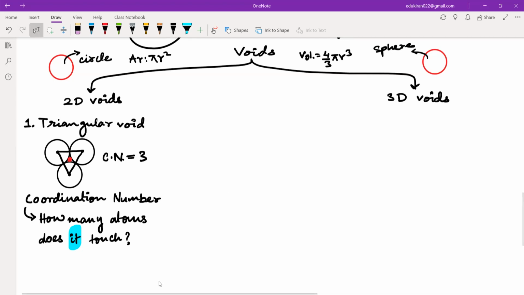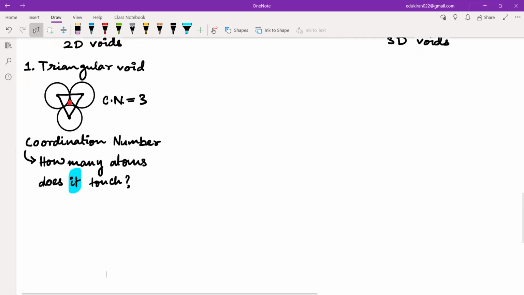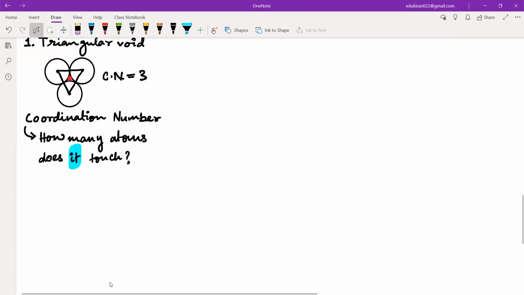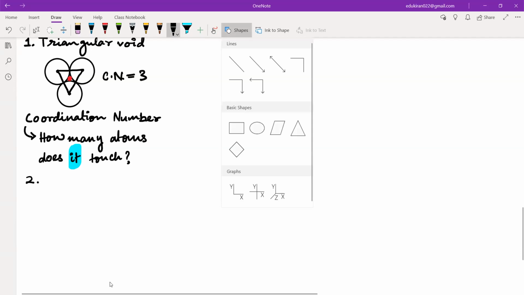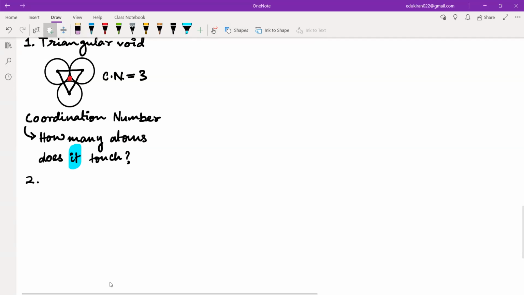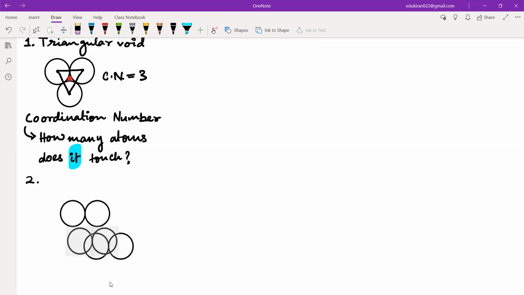These are the only two things you have to identify and name. So I will draw the second void. You will tell me the coordination number, and after that you will tell me the name of this particular void. All of you can see this is the void here, and what is the coordination number?